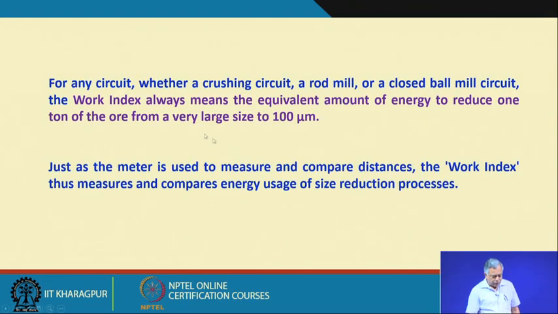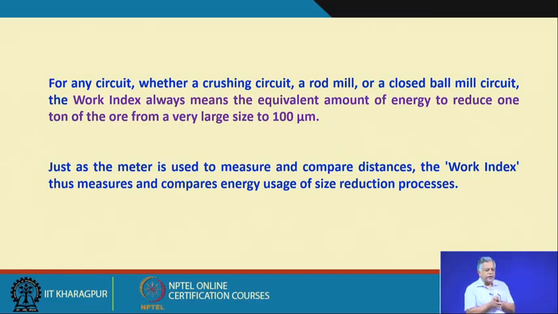Now, for any circuit, whether a crushing circuit, a rod mill circuit, which we will discuss in due course of time, or a closed ball mill circuit, the work index always means the equivalent amount of energy to reduce 1 ton of the ore from a very large size to 100 micrometer. So, that means it is independent of the machine.